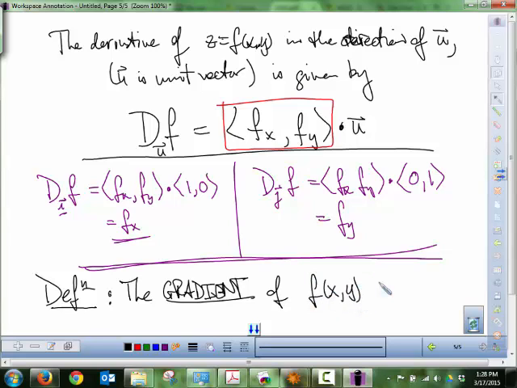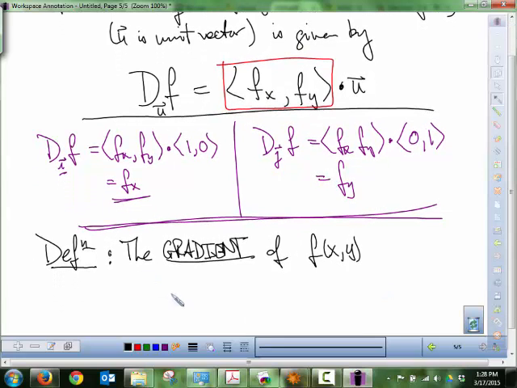So the gradient of a function of two variables is going to be a two-dimensional vector. First of all, the notation. More notation. We're going to call it a vector, an upside-down triangle, and then we identify the function that it's the gradient of, f.